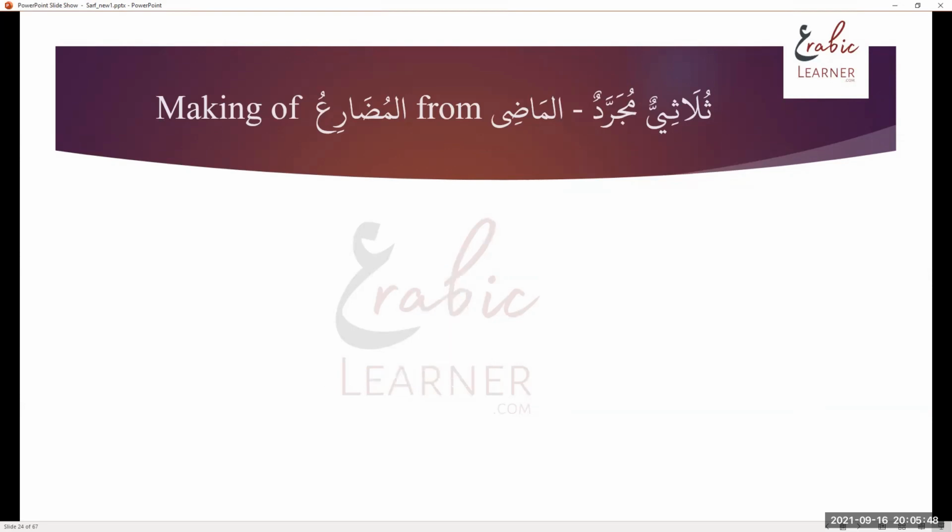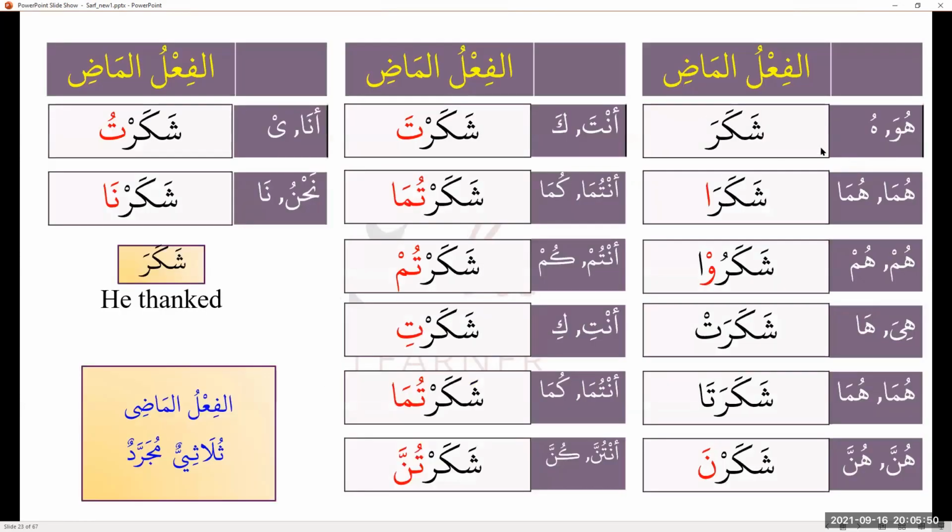So if you see the previous example, Shakara, which is the Hua version, and then you derive from this word all the 14 conjugations, representing each pronoun. So if you know the Hua version, you can know all the words. You can reach anywhere. From Hua you can reach to Huma. From Hua you can reach to Hum.